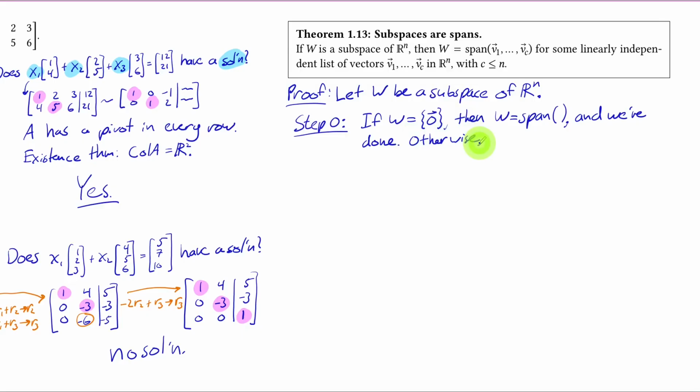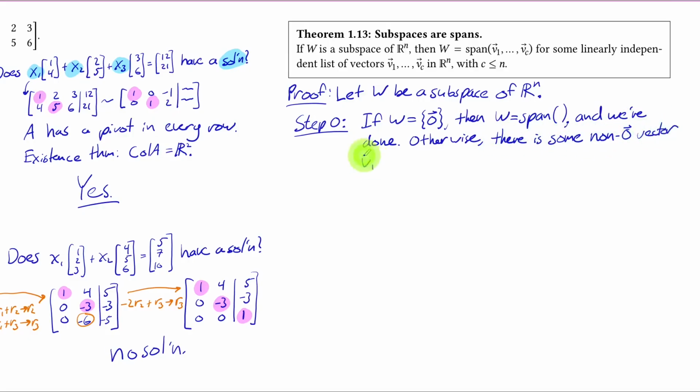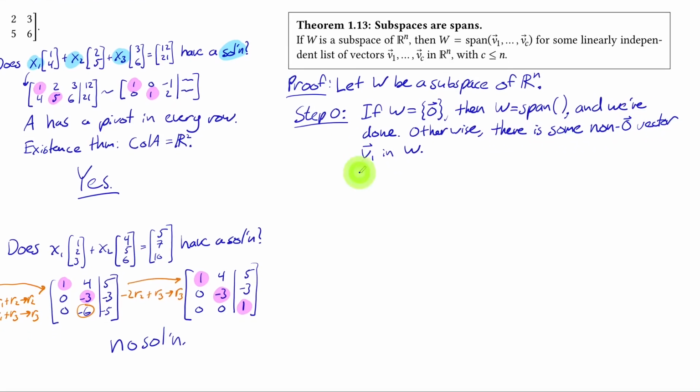Otherwise, there must be some non-zero vector in W. Let's just call that non-zero vector v1. So now that we have that, let's look at step 1, the next step. The list just containing v1 contains a single non-zero vector, and we had a theorem in the last section that said that was linearly independent.